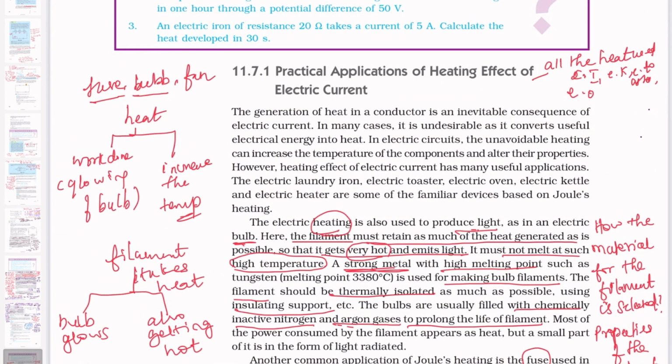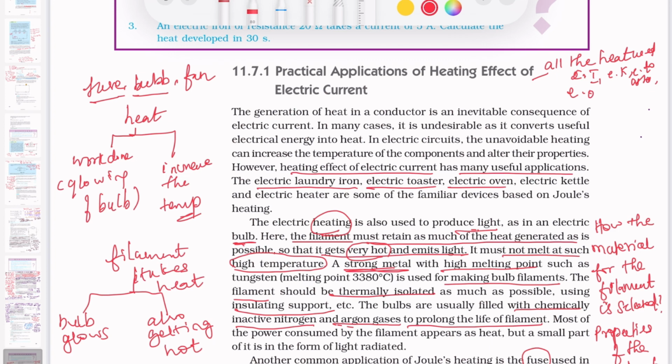So now come back to where the heating effect is completely used. The heating effect of electric current has many useful applications where only the heat is used. They are not used for glowing a bulb or anything. Only heat is used in electric iron, toaster, electric oven, electric kettle, electric heater.